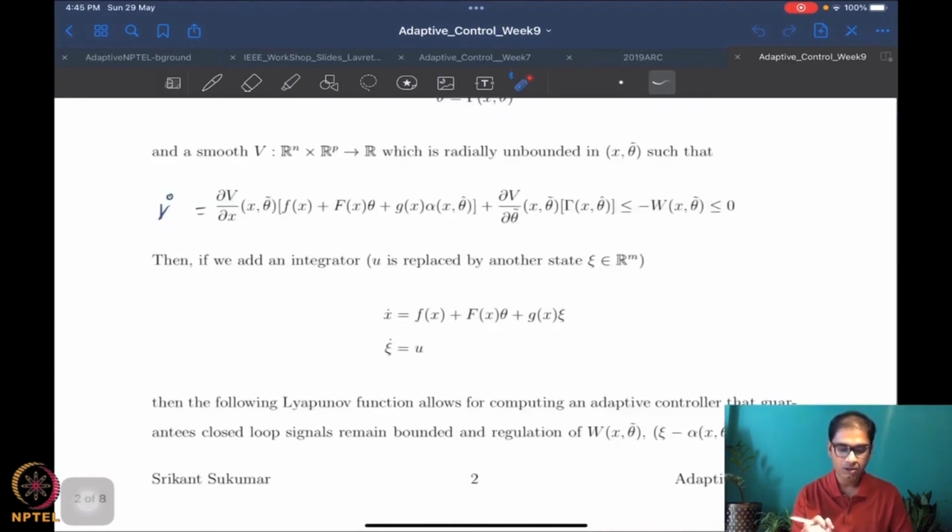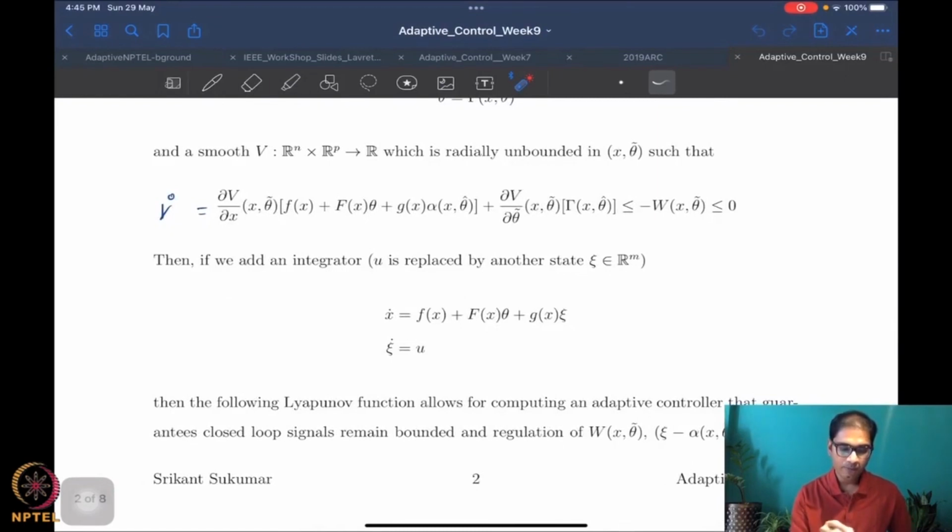So now, if we had an integrator state, that is when the u gets replaced by the state psi, which is in Rn, you of course add this psi dot equal to u sort of a thing here.